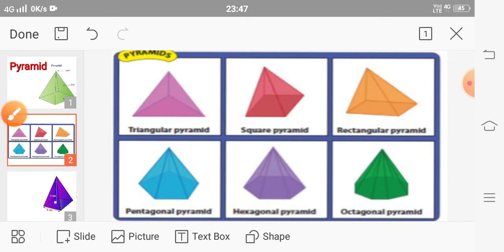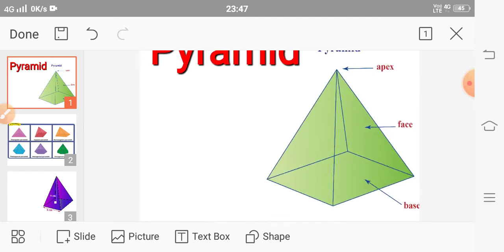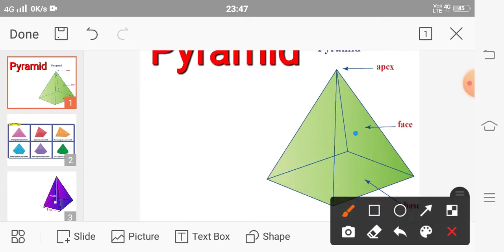So in a pyramid we observe this is called a face. This is a face, this is vertices, this is an edge, and this is the base.